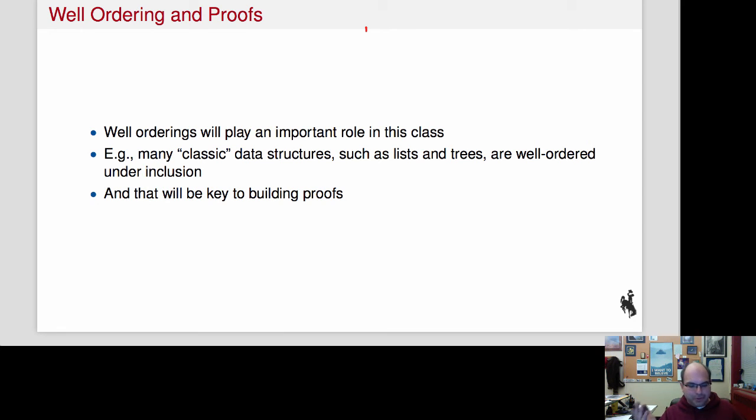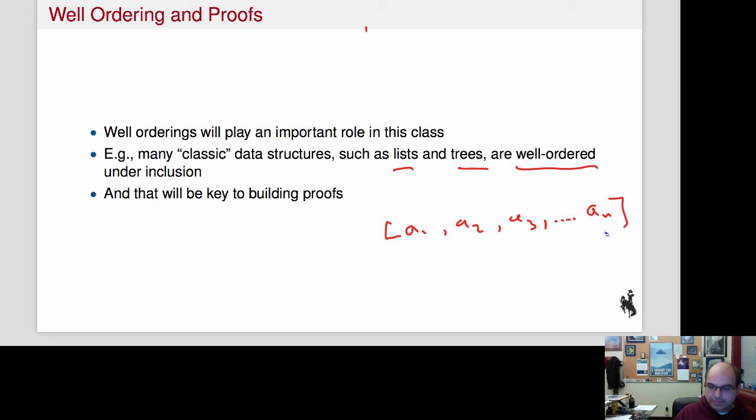I keep saying that they're important. Why are they important? The reason is that there are a lot of data structures, such as lists, trees, and so on, that happen to be well ordered. So for example, let's do lists. A list looks like this: A1, A2, A3, and it's a finite list, so it goes up to A sub n.